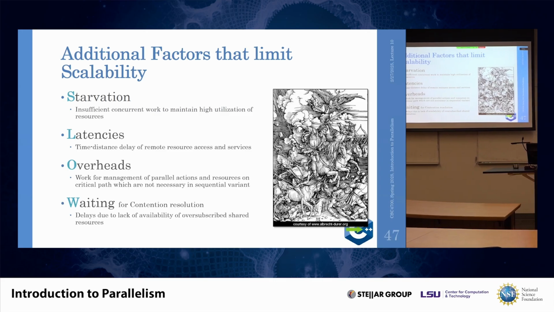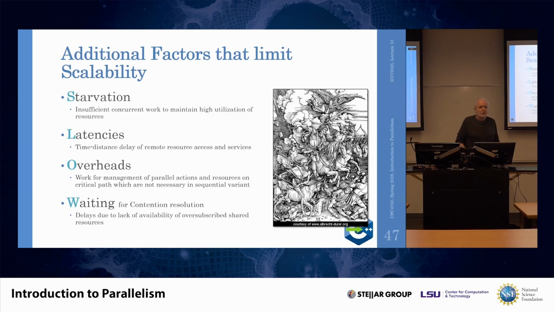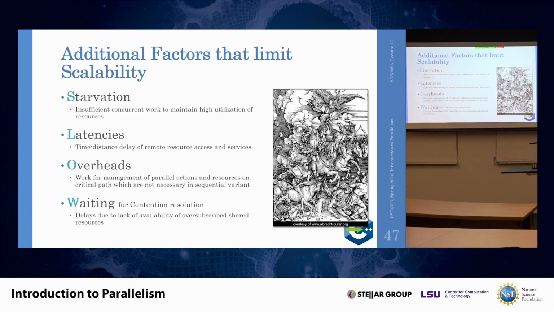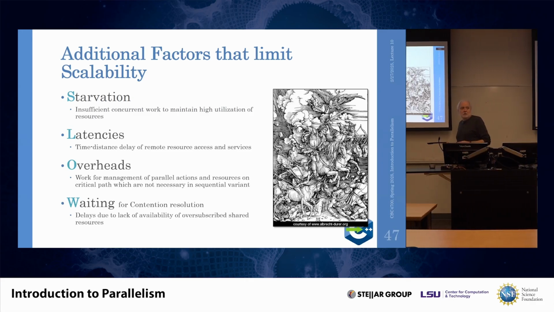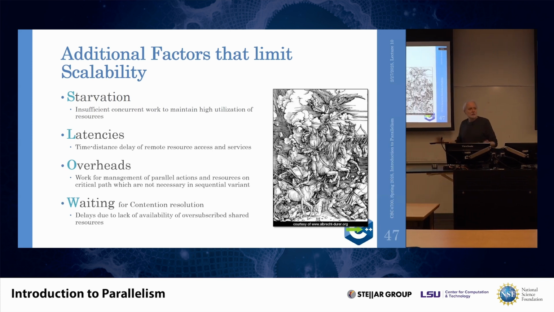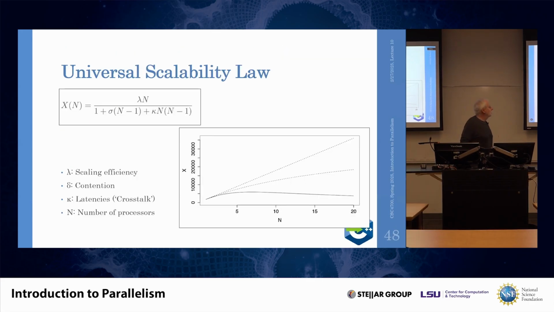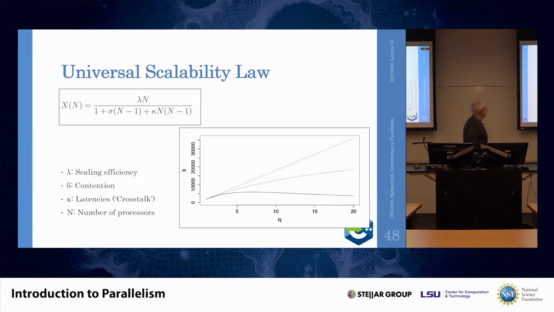Or on I-10, you drive 10 miles an hour, nobody knows why, right? Everybody's driving, things are moving, but you can't drive faster because of contention, right? And the same is true for computing systems. If you try to push more work through a system than the system can handle, then everything slows down to a crawl. Very easy to remember, slow. Just call it the slow factors if you don't want to call it the 4 horsemen of the performance apocalypse.